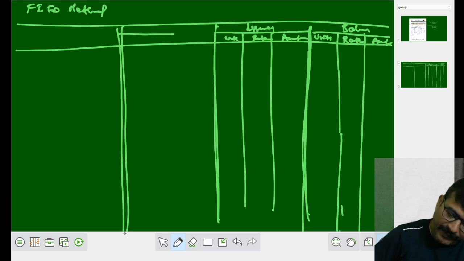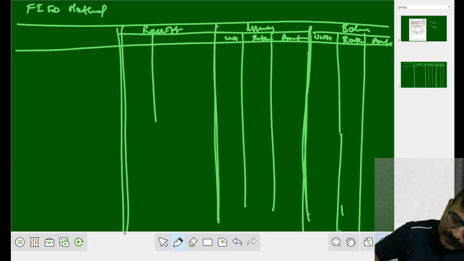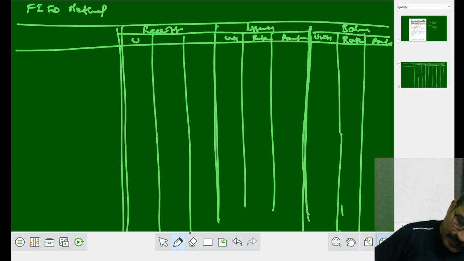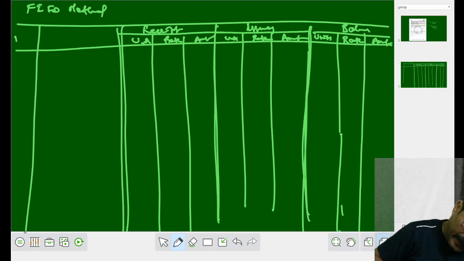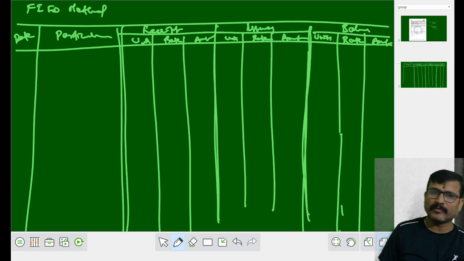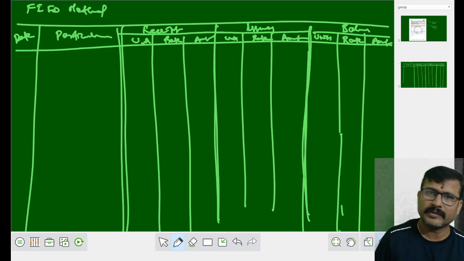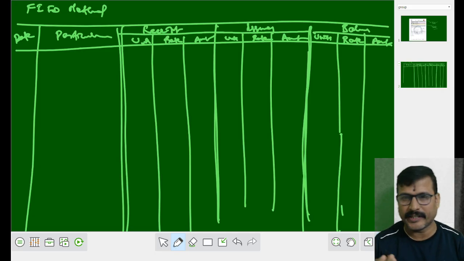Here we will be having a receipt: the same units, rate, amount. Here a date column, here a particulars column. This is all about the format for the stock ledger, called the stores ledger.